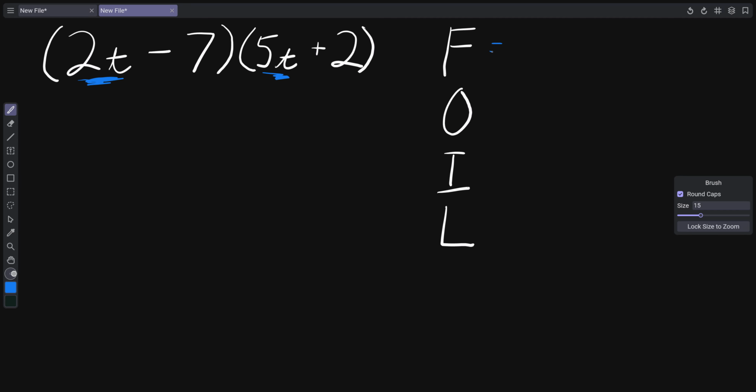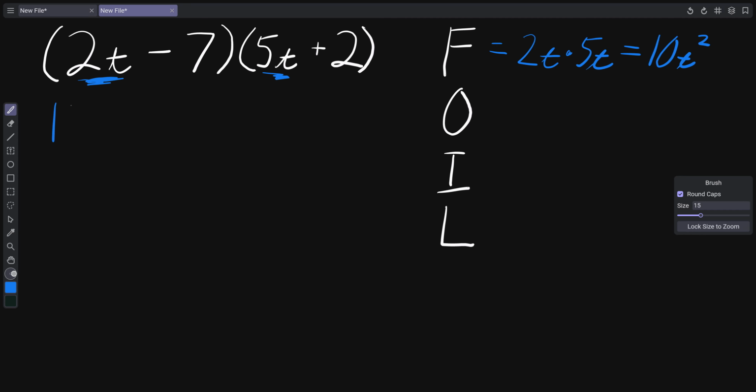So we're going to go over here and multiply those. 2t times 5t, and that's going to equal 10t squared. Be sure to leave the t squared when you have terms like this, because sometimes you'll just look at 2 and 5 and you'll just think 10, and you might write 10t, but it's actually 10t squared. So be sure to multiply these t's as well as the 2 and the 5.